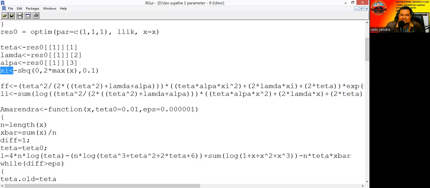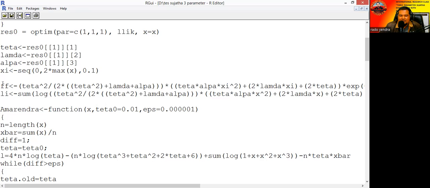We must give this information to make a good graph for the density of the Three-Parameter Sujatha distribution. You can check ff, it means the density of the Three-Parameter Sujatha distribution, but you use the xi, not x, because we need a lot of points to make a smooth graph.